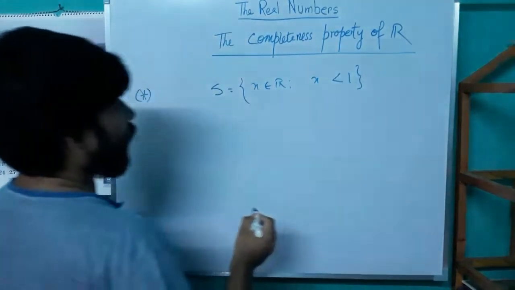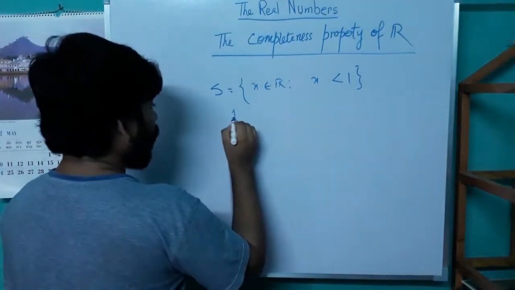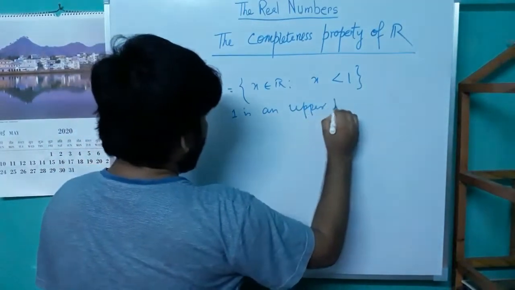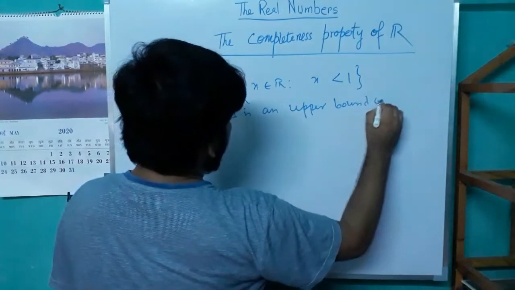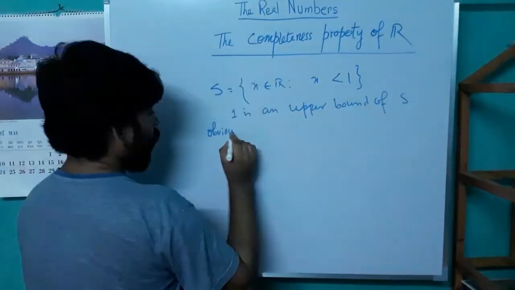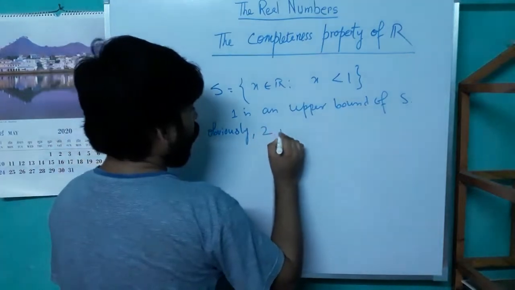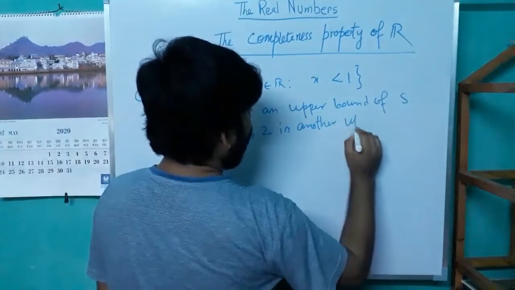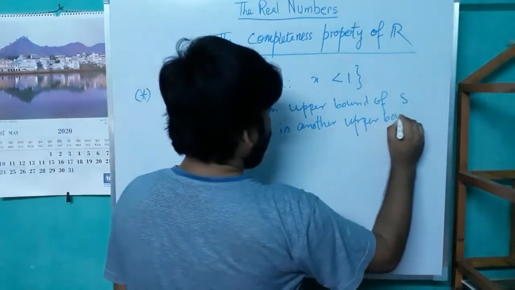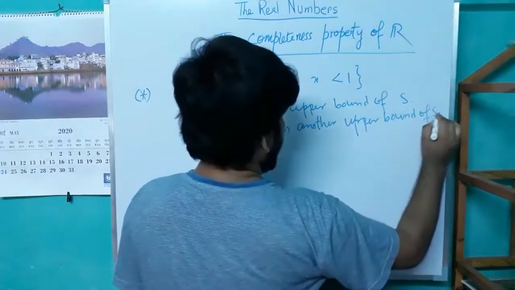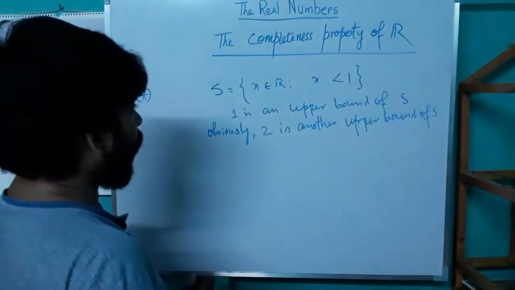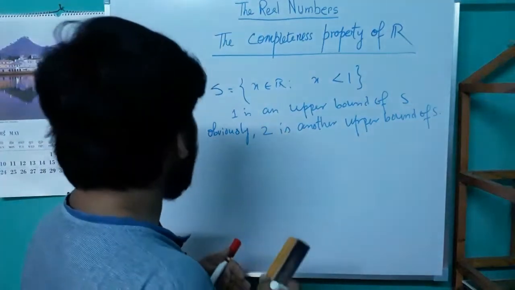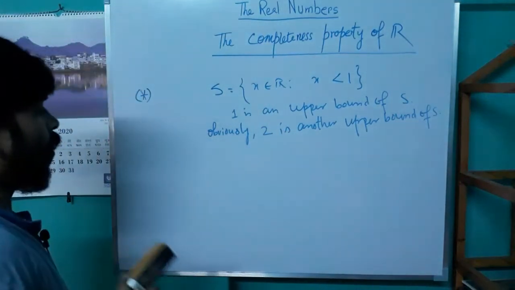Here we have seen that 1 is an upper bound of S. So obviously 2 is another upper bound of S. So if a set has an upper bound, then that set has more than one upper bound.